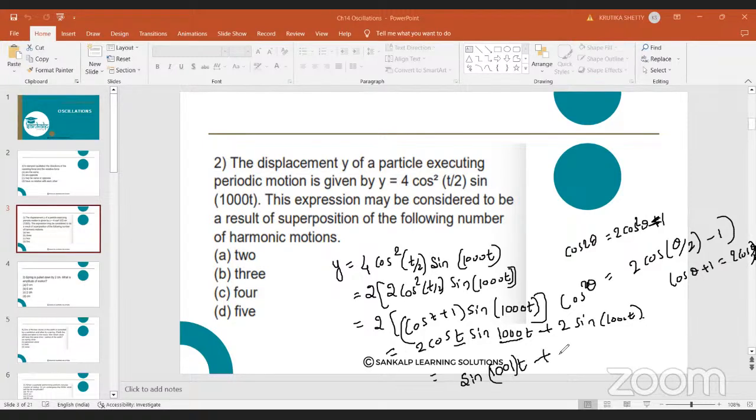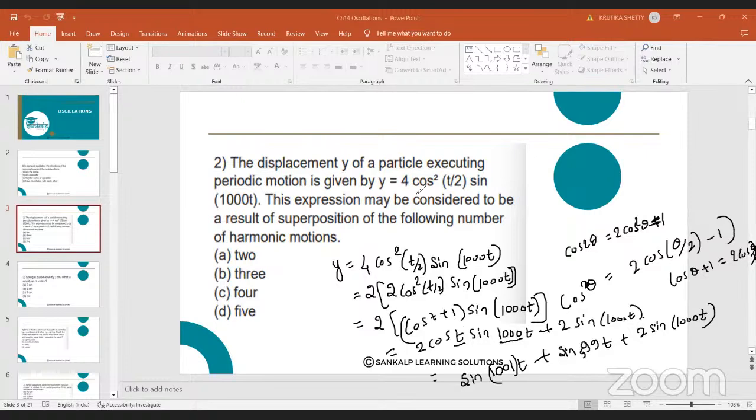Plus A minus B. So A minus B again is nothing but sin of 999t plus 2 sin 1000t. Yes, so here you can see this to get this equation. Which equation?